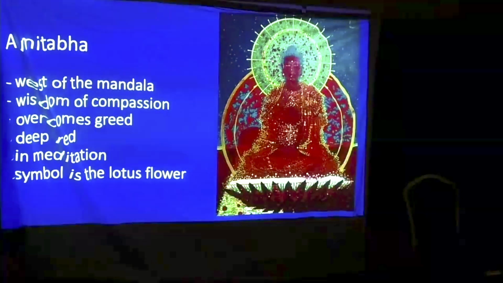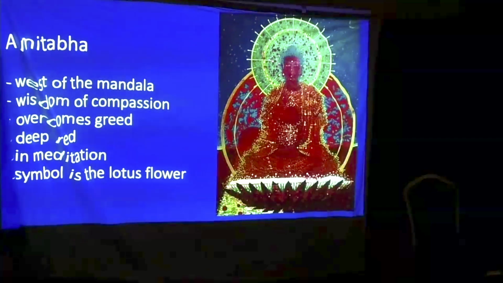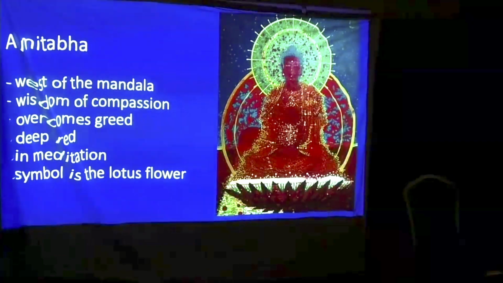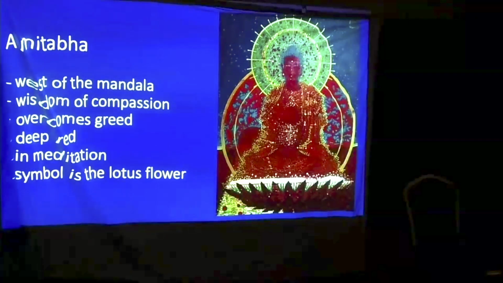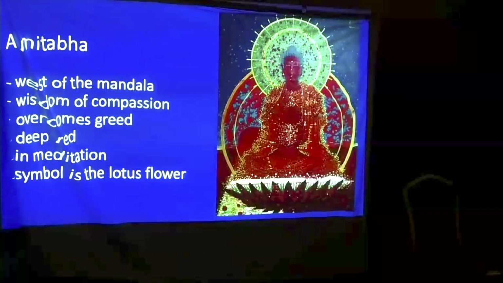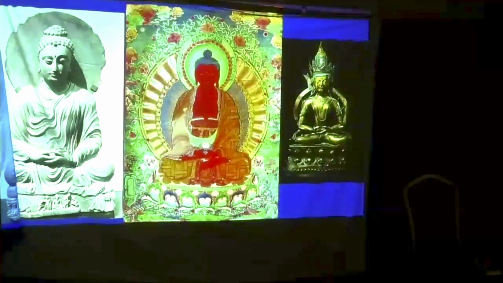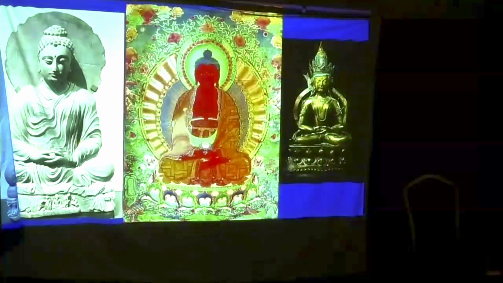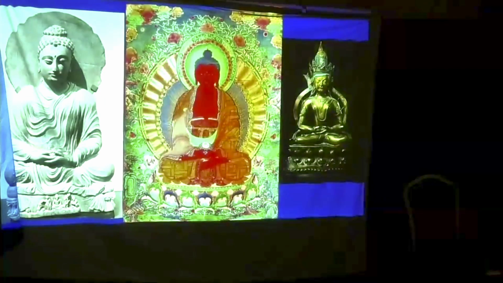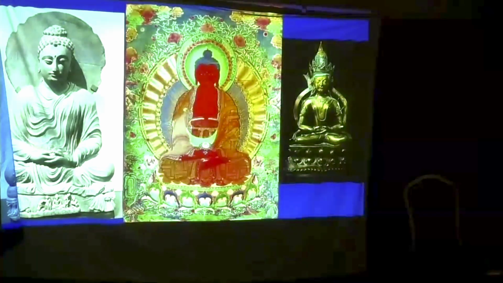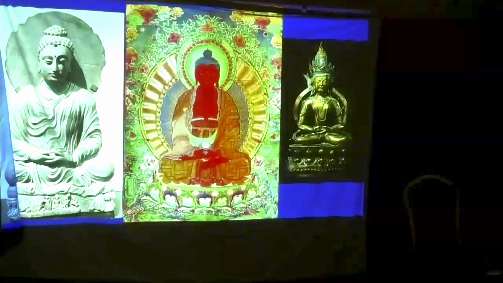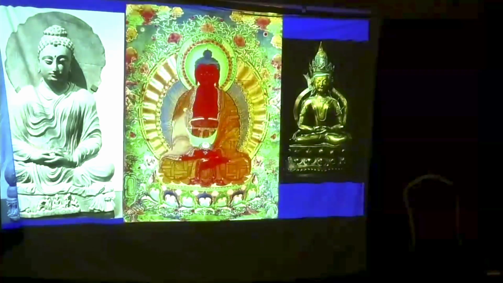He's deep, deep red, and he sits in meditation, and his symbol is the lotus flower. And Amitabha becomes very, very important in Japanese Buddhism and Chinese Buddhism, whole schools of Buddhism sort of around the devotion to Amitabha.